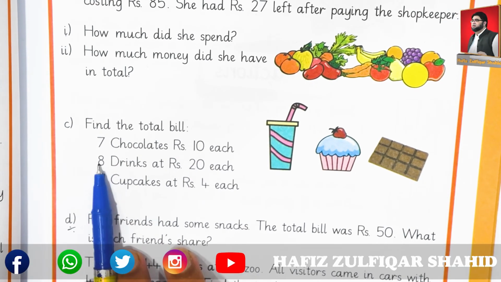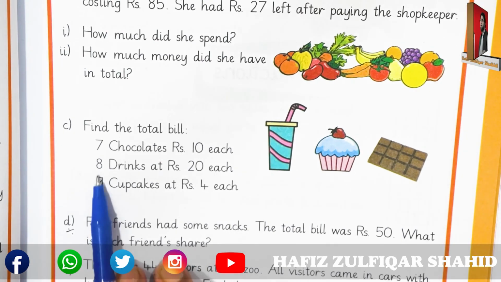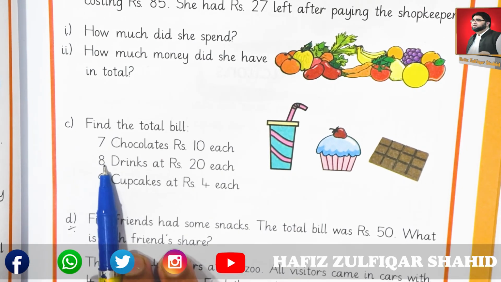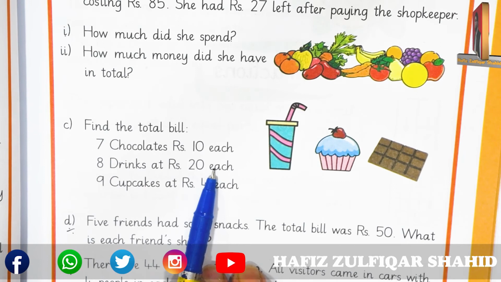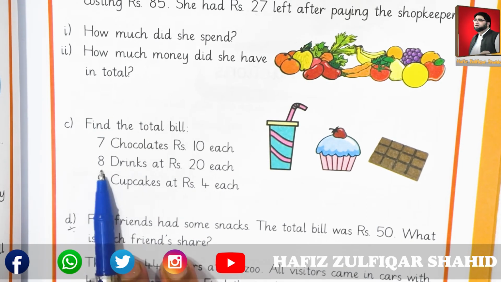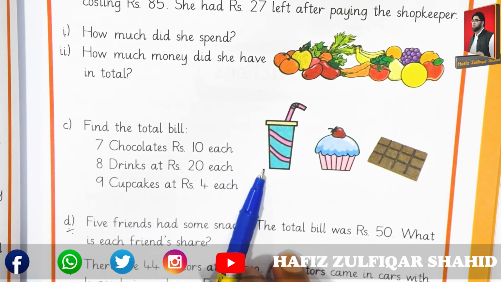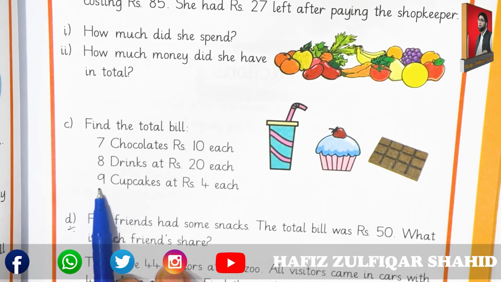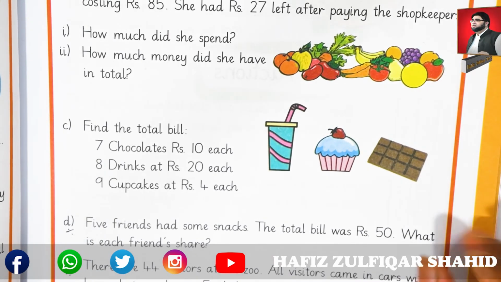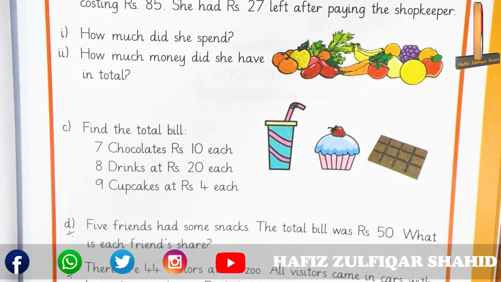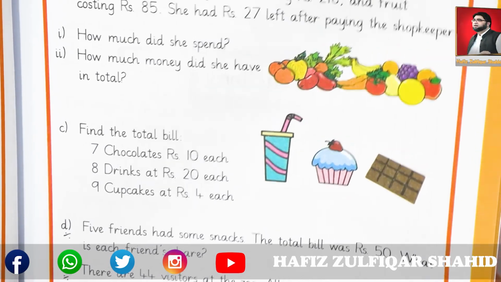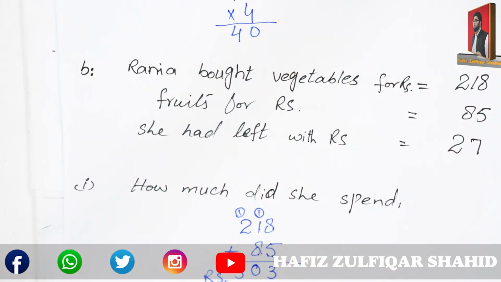Then find, if someone purchased 8 drinks at rupees 20 each, how much did he or she pay for 8 drinks. And if someone purchased 9 cupcakes and paid 4 rupees for each, how much did he pay.